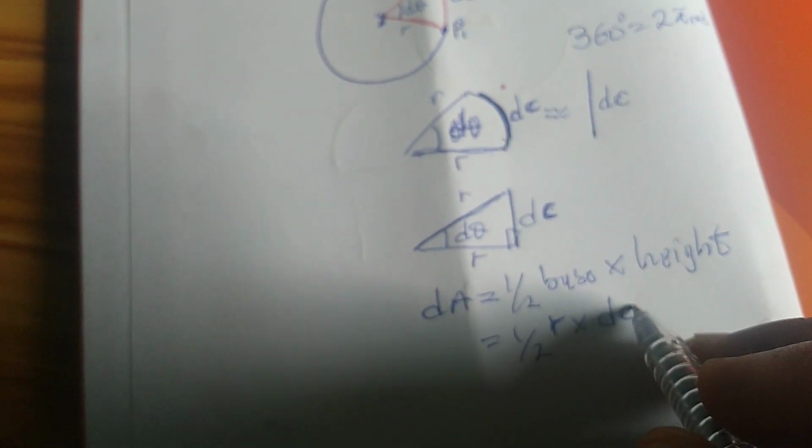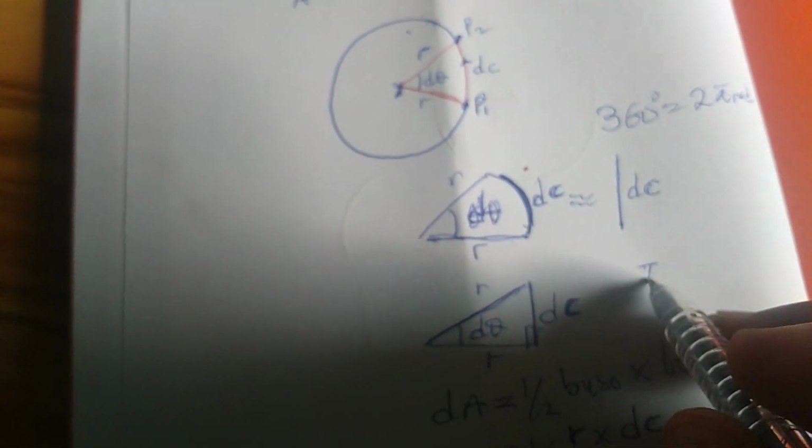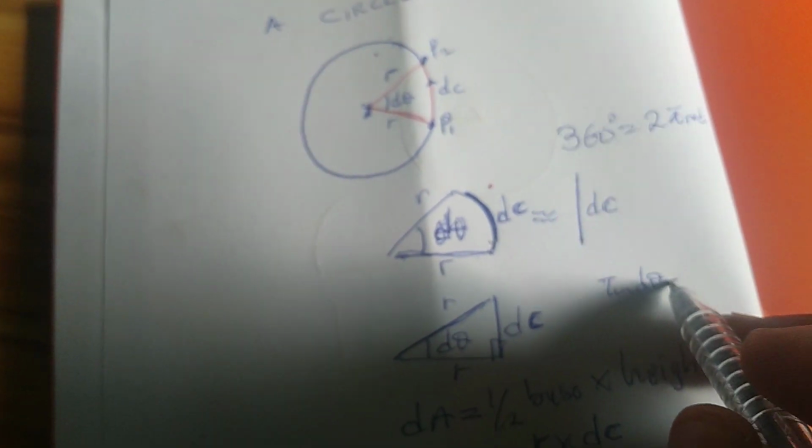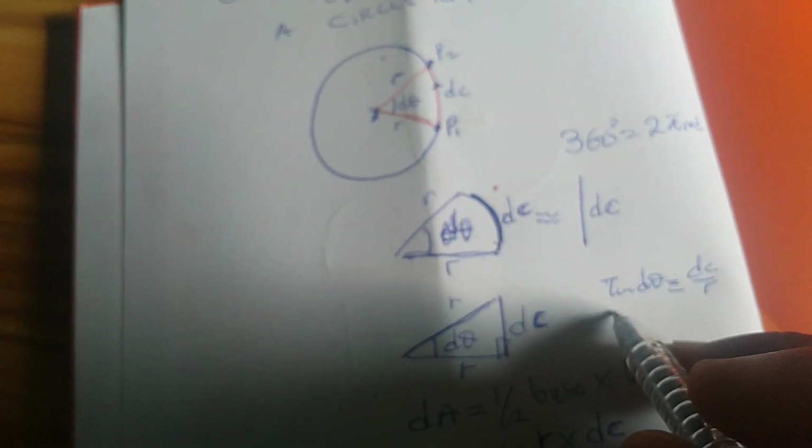That's our dC. How do we get this dC? We know that tan dθ is equal to dC over r. So this implies that by cross multiplying, r tan dθ is equal to dC.